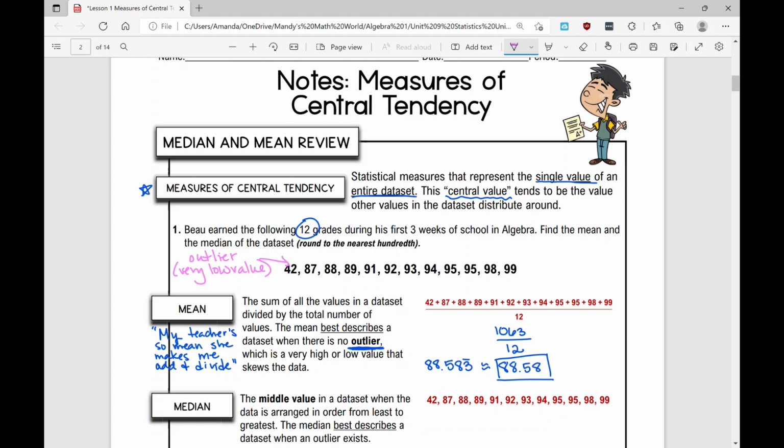Let's say the soccer game ran late, the football game ran late. They had some kind of competition on a couple of nights, and so they scored zeros on some of their assignments. Those zeros can really bring your average down, or bring the mean down.